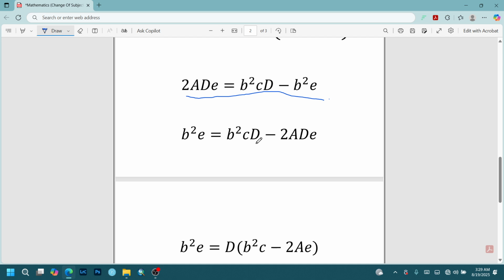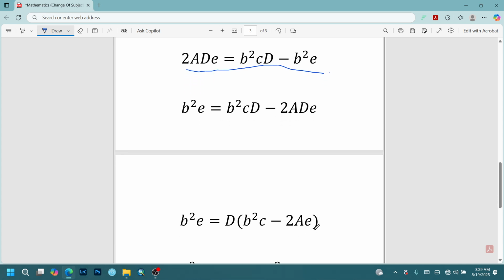Also, in a similar manner, what can d multiply to get negative 2ade? The only variable is negative 2ae here.